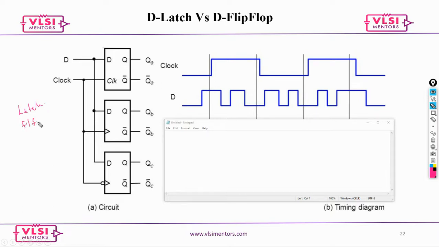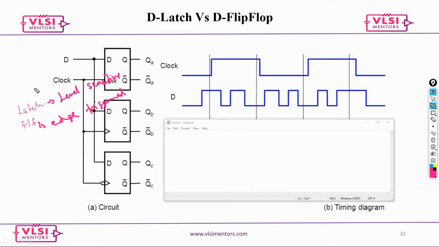Now when I say latch, what does this mean? Level sensitive, whereas flip flop is basically edge triggered. Flip flop meaning it is edge triggered.